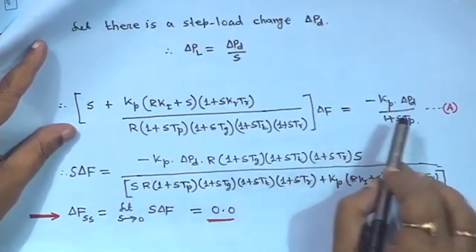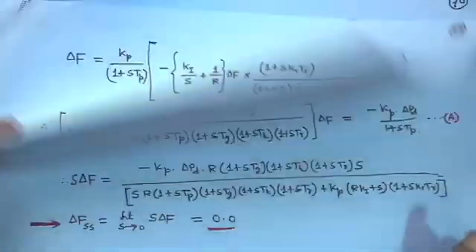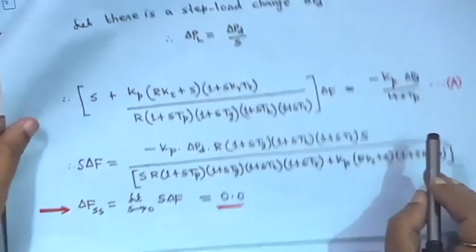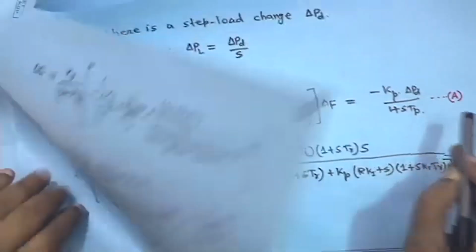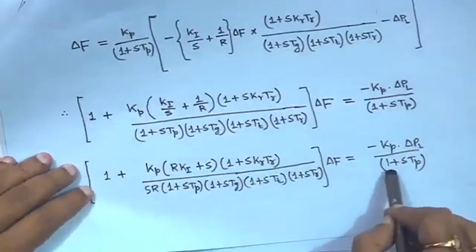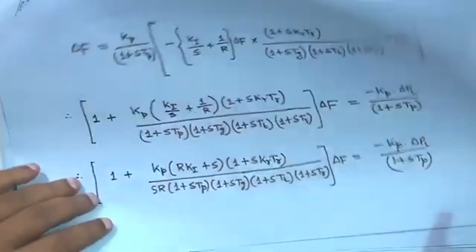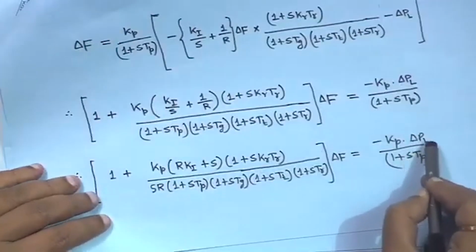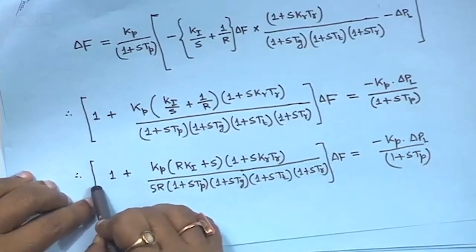That means for a step load disturbance, in this equation for delta PL you put delta PD upon s. If you put delta PD upon s here, then multiply both sides by s.